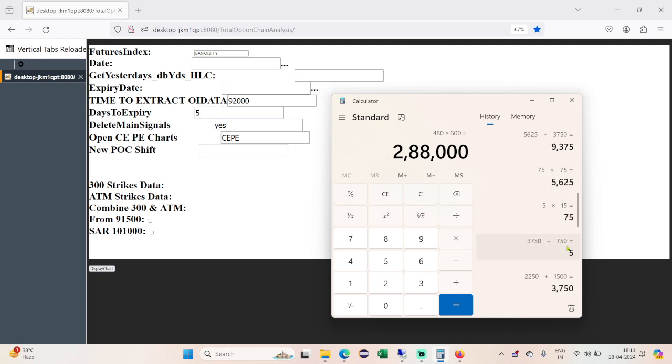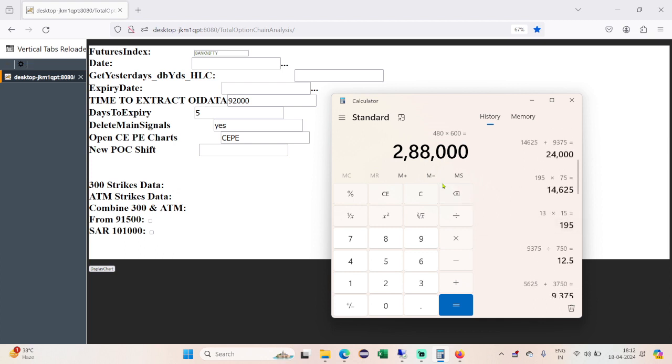2,250, 5,625, 14,625. This all adds up to around 50,000, right? Let us calculate how much we have lost. 24,000 plus 9,000, around 34,000. 34,000 plus 3,750, 38,000. 38,000 plus whatever.